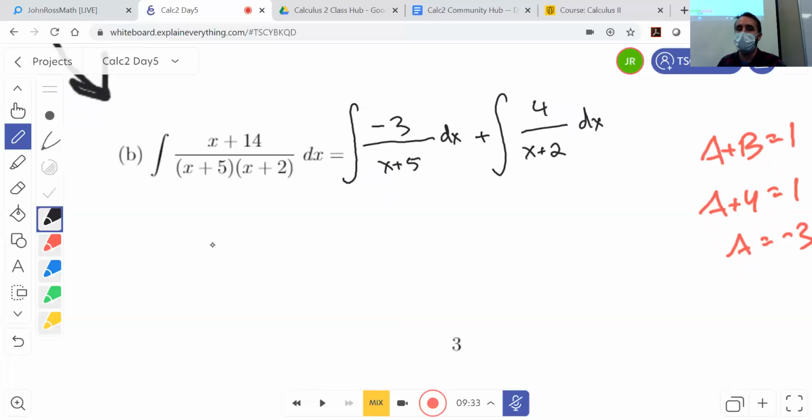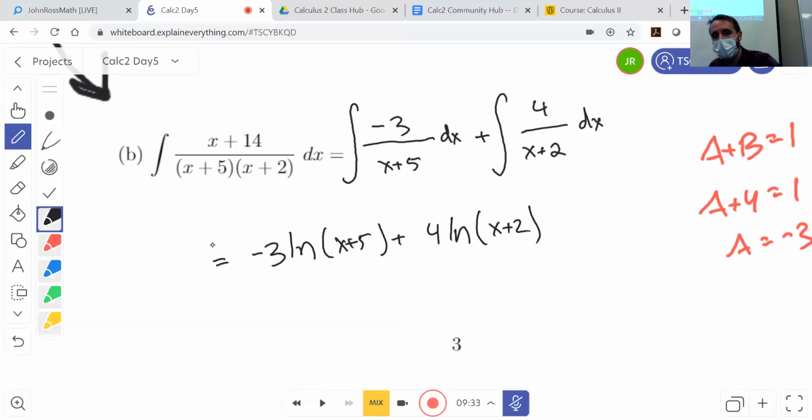We'll let u equal x plus 5. And we end up getting negative 3 ln of x plus 5 plus 4 ln of x plus 2. Right, using the same u substitution trick as before.